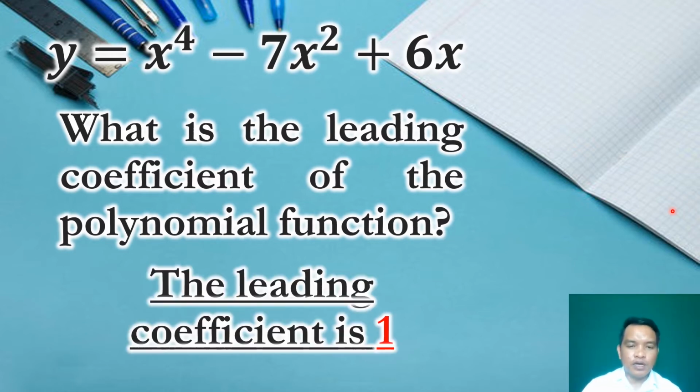The leading coefficient is 1 because the leading term is x raised to 4, and when there is no numerical coefficient written, the numerical coefficient of a variable is automatically 1. Since this is the leading term, therefore 1 is the leading coefficient.